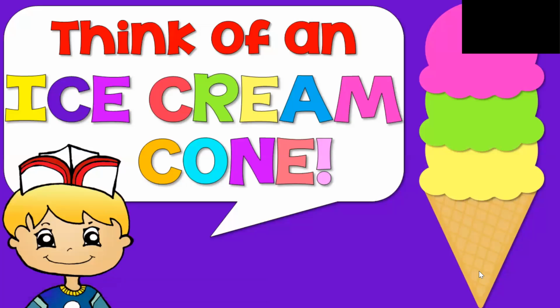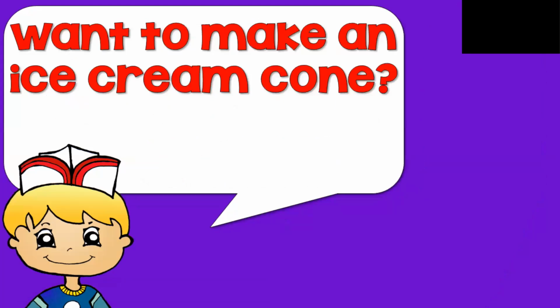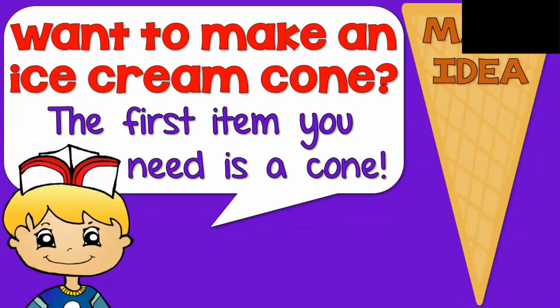So we're going to think of it as an ice cream cone. I did this with Brian in mind. Brian, you're going to like this one. So let's think of an ice cream cone. We want to make an ice cream cone, okay? The first thing you need, obviously, is a cone, right?